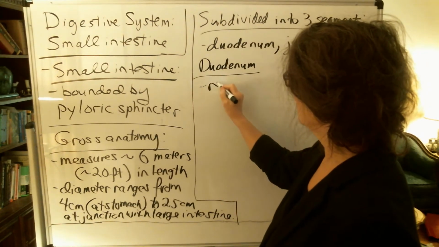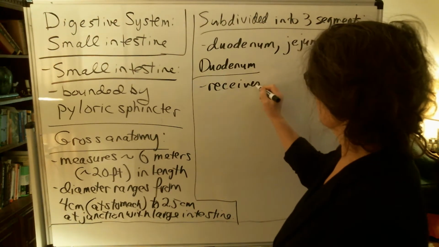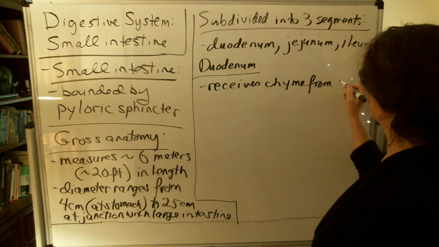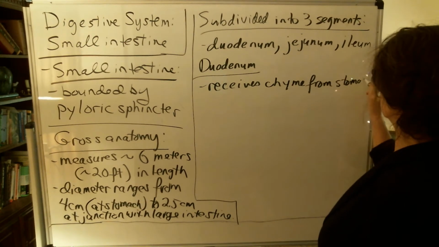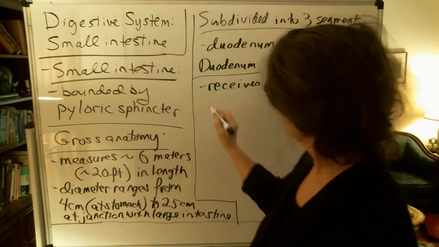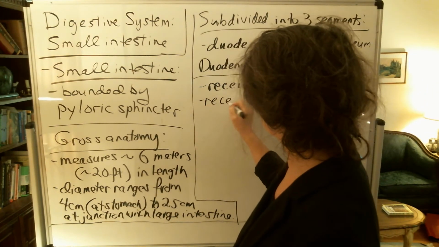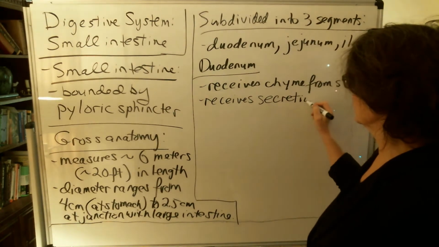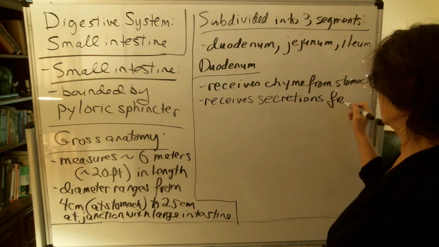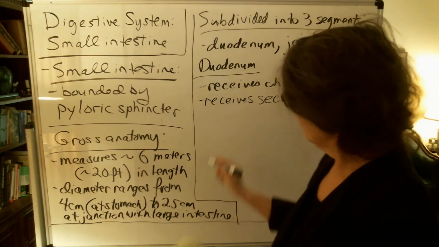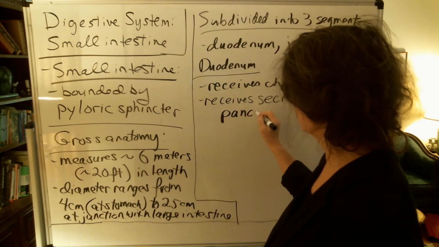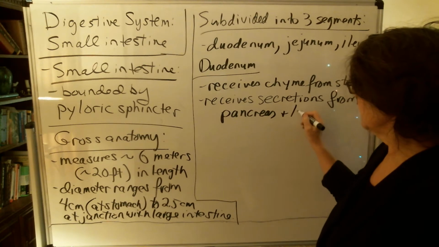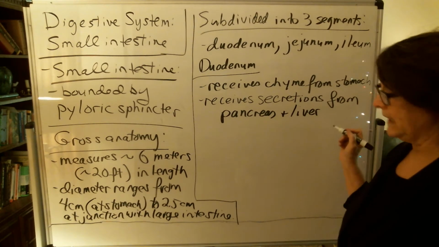So the duodenum then receives chyme from the stomach. And it also receives secretions from the pancreas. That would be all those digestive enzymes, and also the liver, where it will be getting bile.